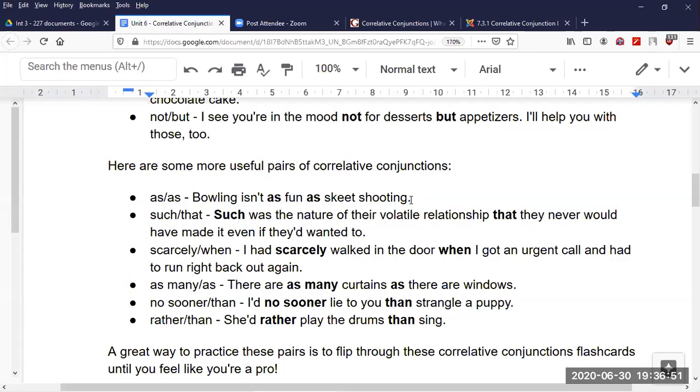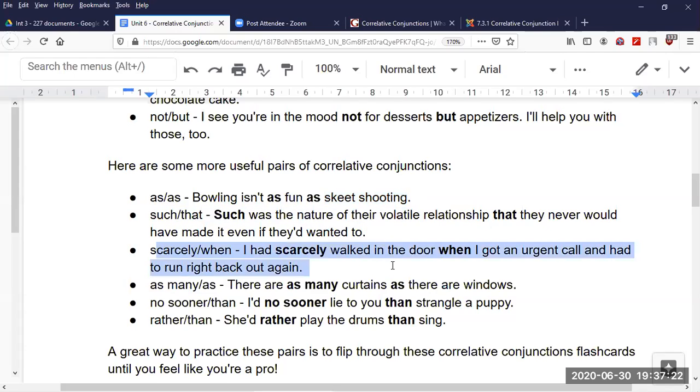I don't know what skeet shooting is. I think in Britain we call that clay pigeon shooting. I think it's the same thing. We fire a disc into the air and shoot it. So we're saying skeet shooting is more fun than bowling. Such that, don't worry about that, it's too formal.